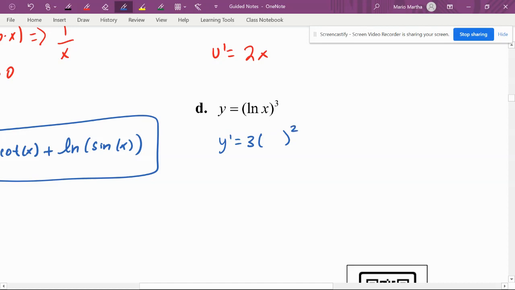And then the inside remains intact, so that's just ln of x. And then times the derivative of the natural log of x, which is just 1 over x. So this is going to be equal to 3 times the natural log of x squared over x.